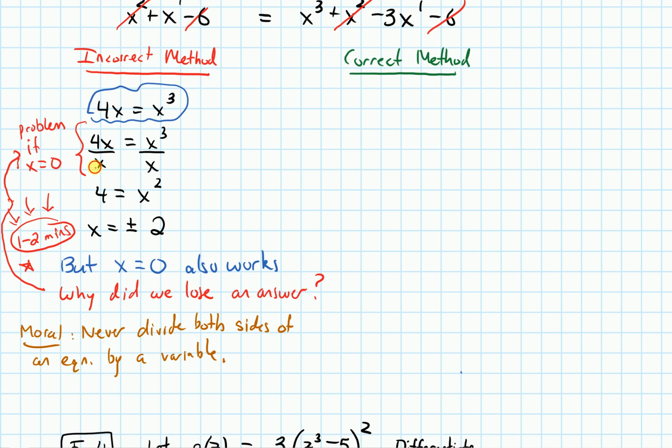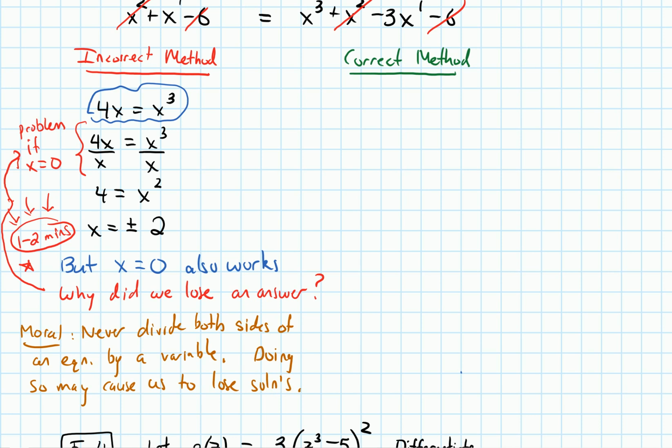Because if we do, like we divided both sides by x here, we might be dividing by 0, and that's a problem. So never divide both sides of an equation by a variable. Doing so may cause us to lose solutions.